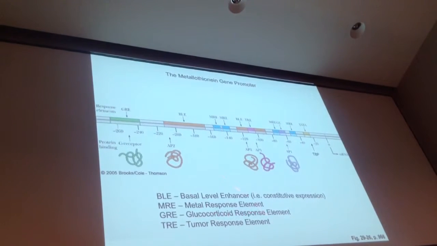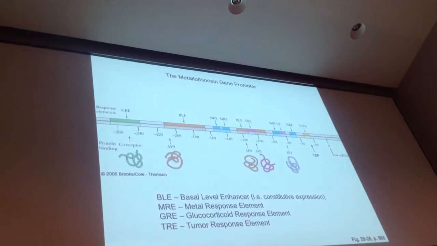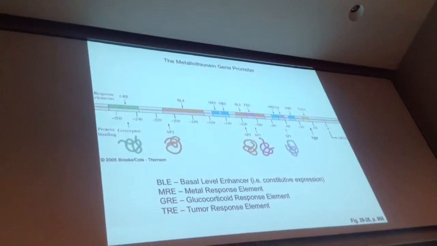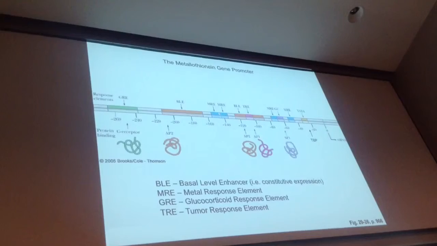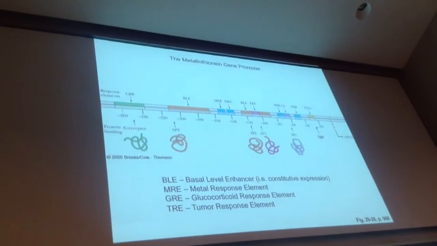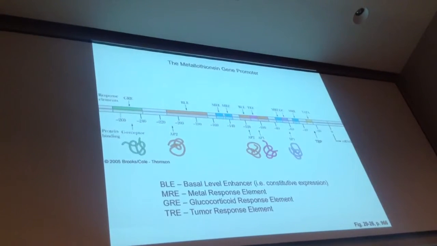Glucocorticoid response elements, right? If your body produces a lot of glucocorticoid hormones, they bind to this and increase transcription of these genes. They can bind all together, or they can be expressed at different levels. Your body can produce glucocorticoids in the absence of heavy metals.